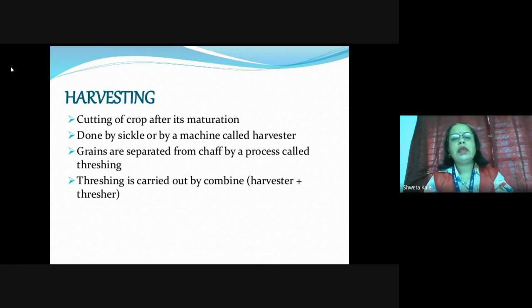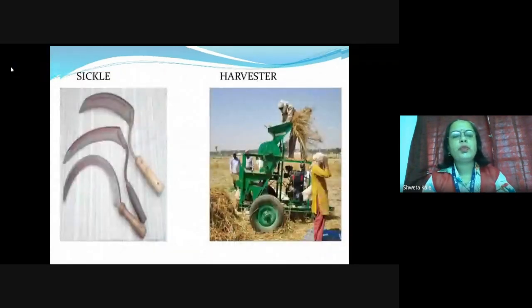And once we get the grains, again the grains contain some of the husk in them. So the grains can be separated from the husk by a process known as winnowing. So these are the instruments that are used for the process of threshing or harvesting.